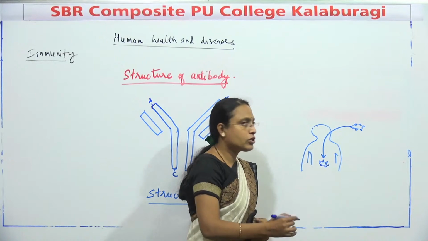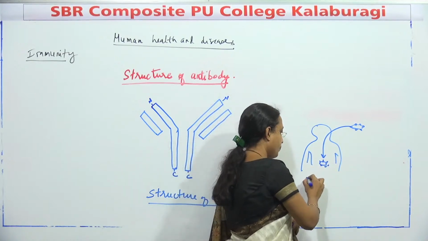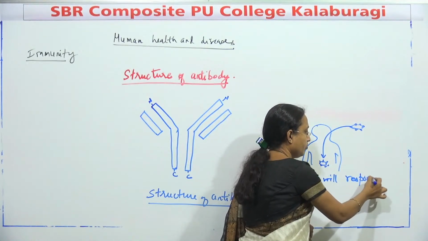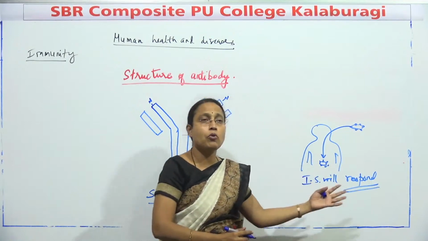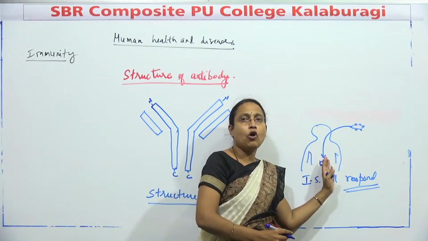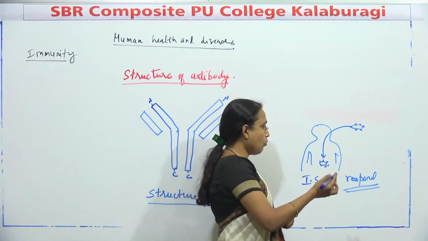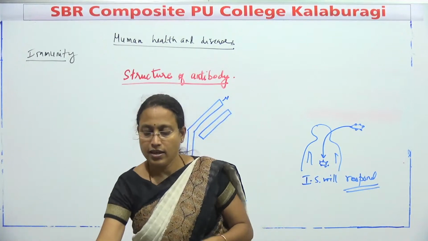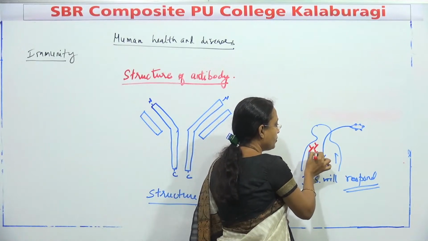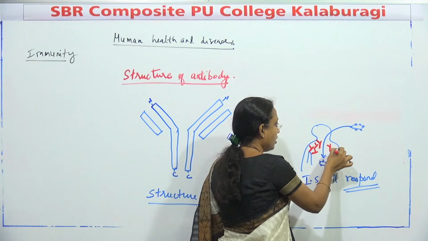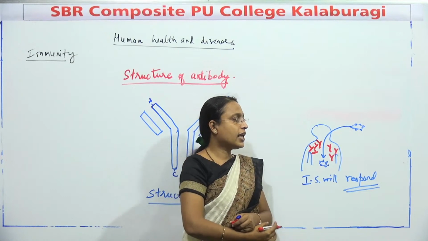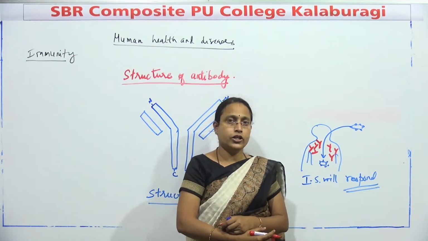It means that our immune system will respond to the entry of the pathogen. As the pathogen enters the body, the immune system will respond to it by producing many molecules. So against this particular pathogen, many Y-shaped molecules will be produced by our immune system. These Y-shaped molecules keep circulating in the blood, lymph, and in the tissues also.